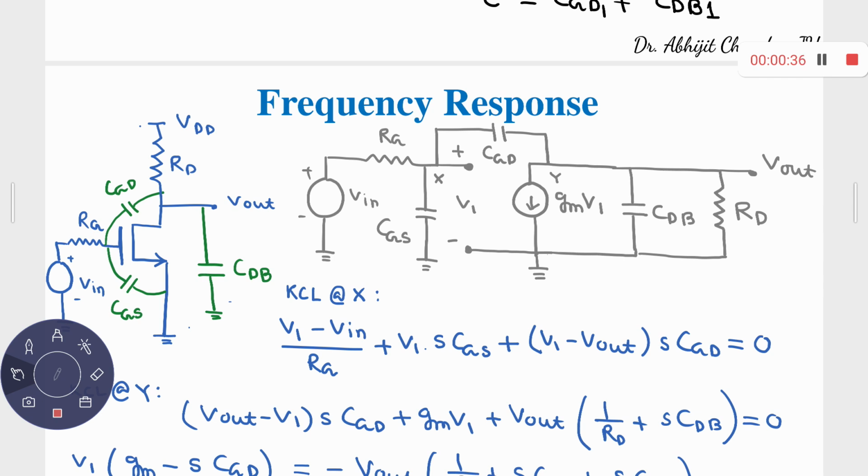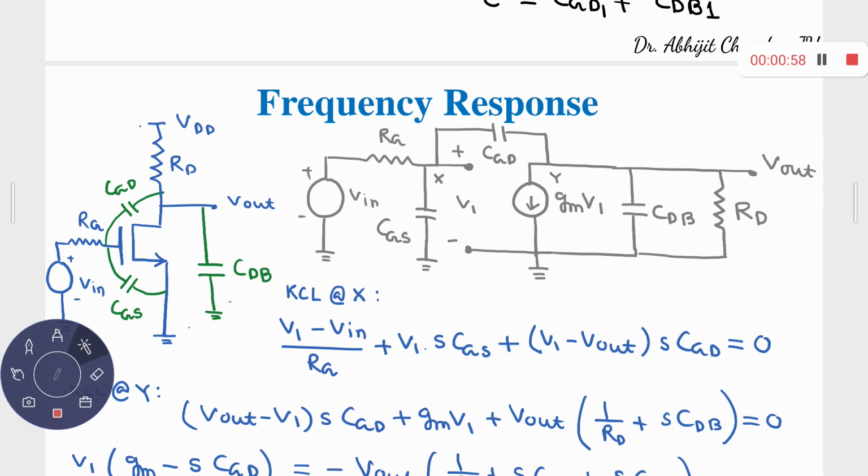Now today we will look into the detailed analysis of 3 different types of amplifier: the common source, common gate, common drain, and obviously the cascode amplifier. Now if I consider this common source amplifier, as you know, the source is connected to the hard ground.